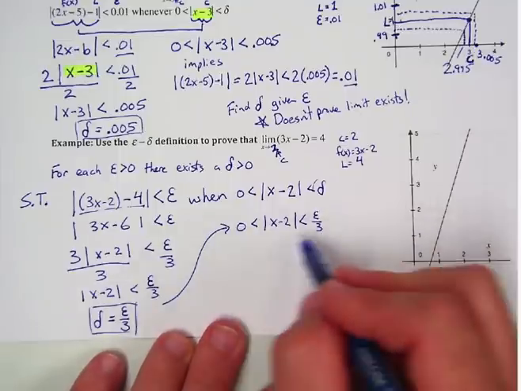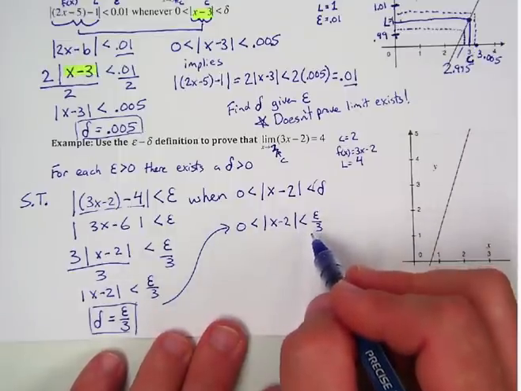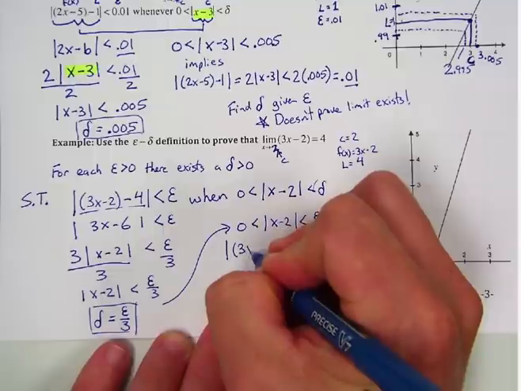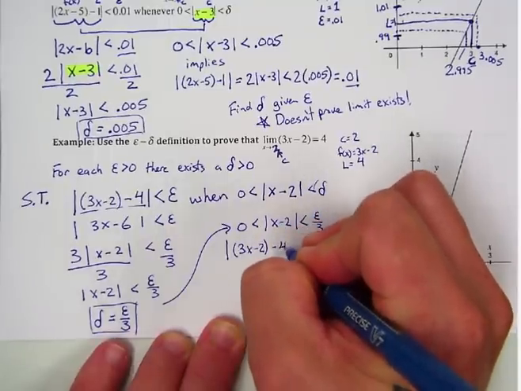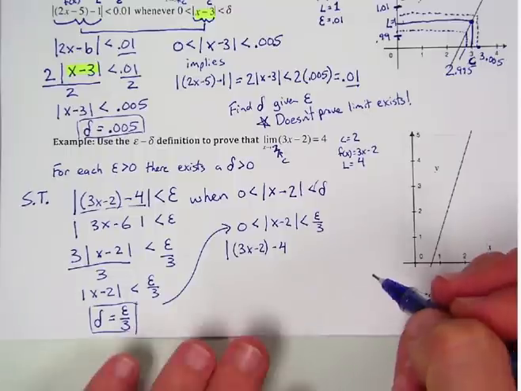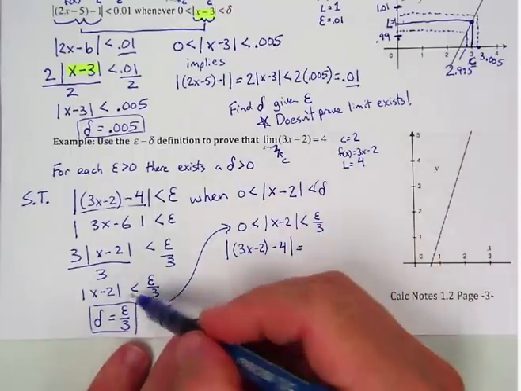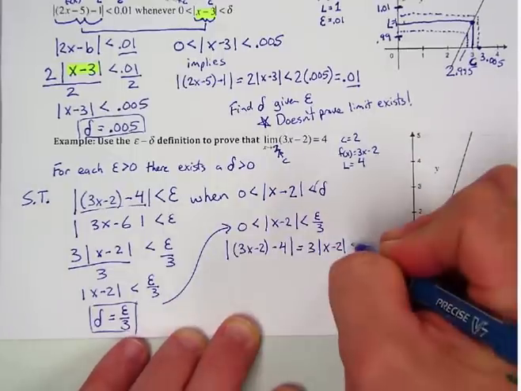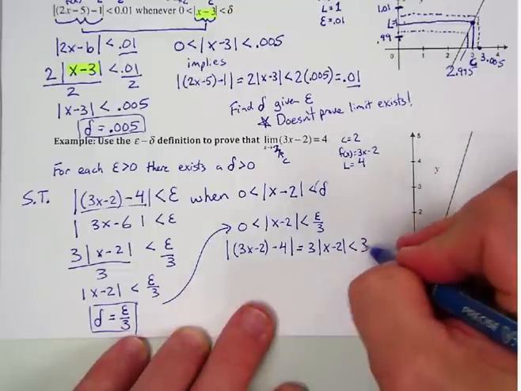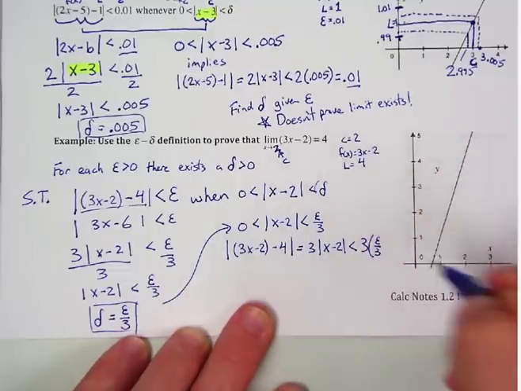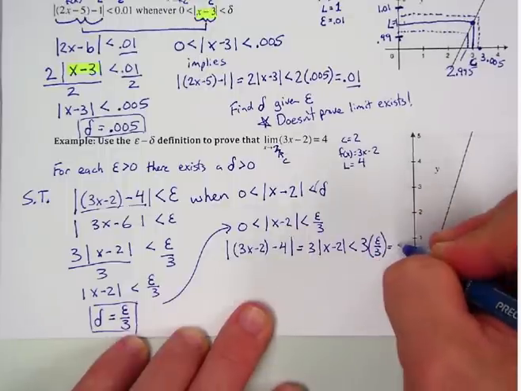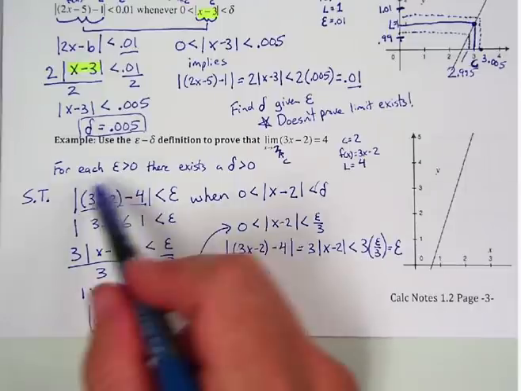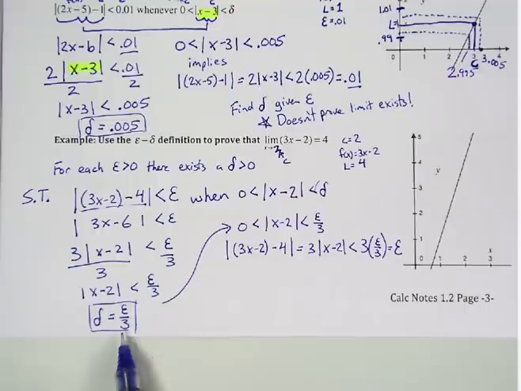So at this point we're going to rewrite our original part here: the absolute value of 3x minus 2 minus 4. And again, we already know this equals 3 times the absolute value of x minus 2. And this is less than 3 times epsilon over 3, which just equals epsilon.